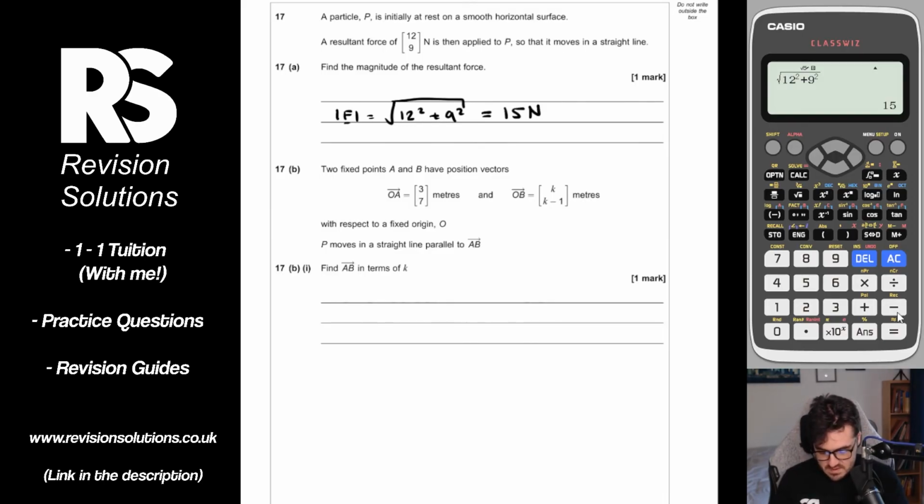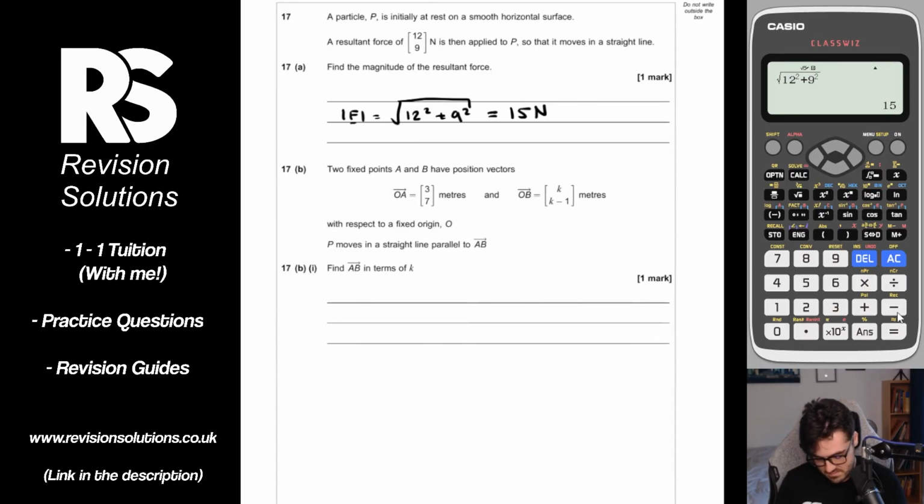Two fixed points A and B have position vectors OA (3, 7) meters and OB (k, k minus 1) meters with respect to a fixed origin O. P moves in a straight line parallel to AB. Find AB in terms of k. Well, to find a position vector connecting 2 points, it's just a simple subtraction. So AB is always OB minus OA.